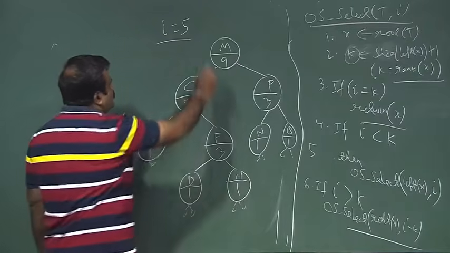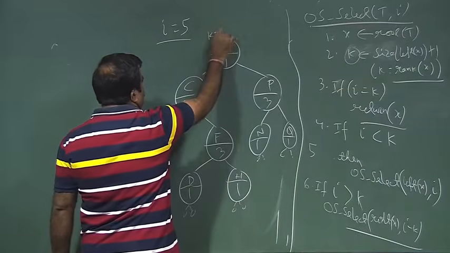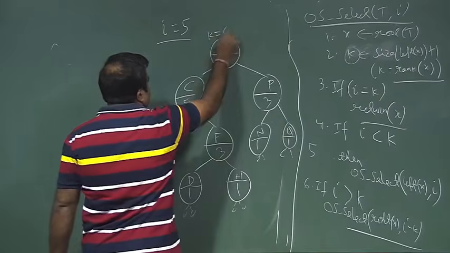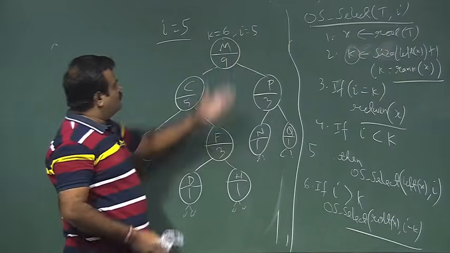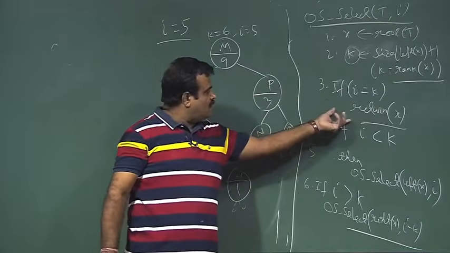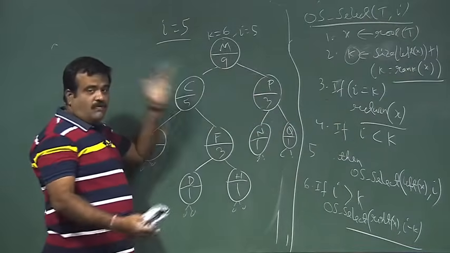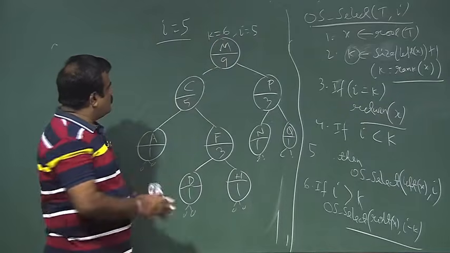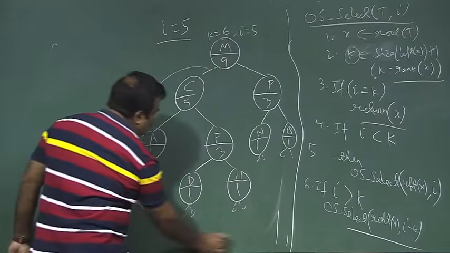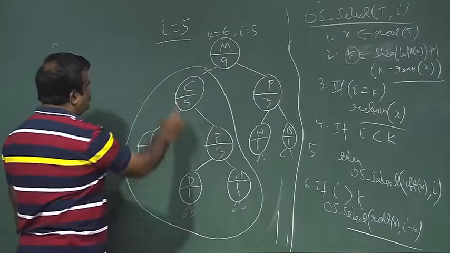So, we come here, this is x. What is the k value? k is basically 6, but we are looking for the fifth smallest element, so that is not the case here, and we have to go further. Now, i is less than 6, so we go to the left part of the tree, and this is our x now.